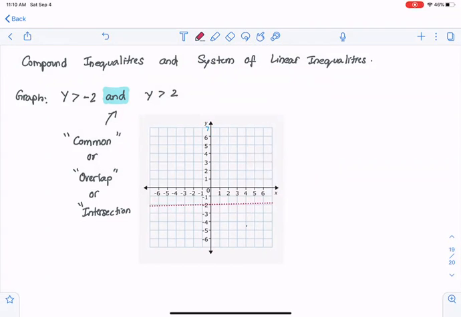Greater than -2 could be better. And greater than +2.